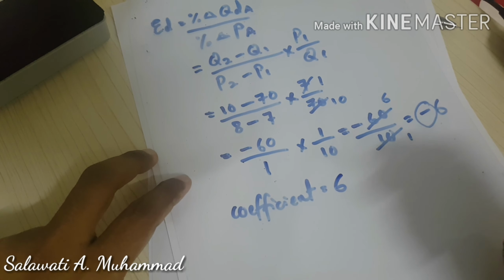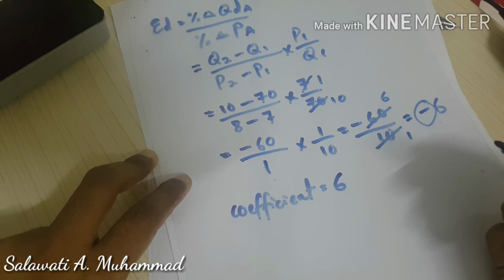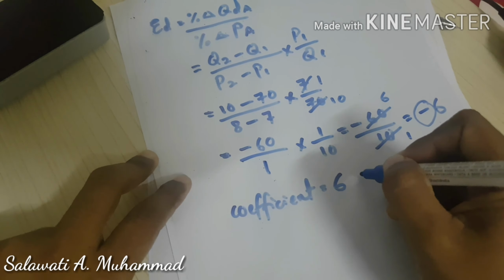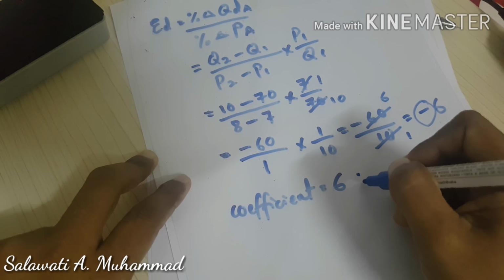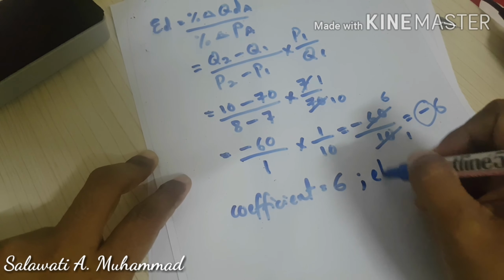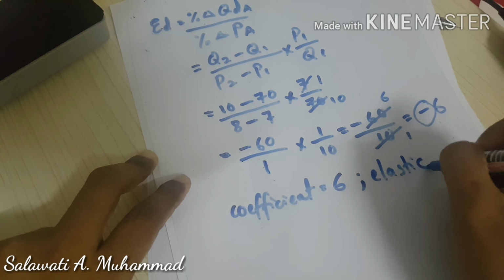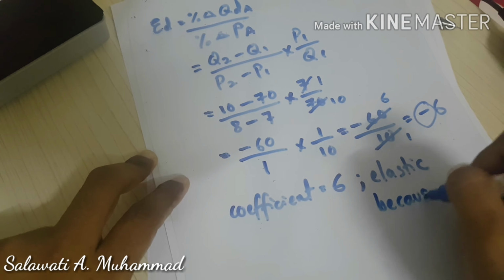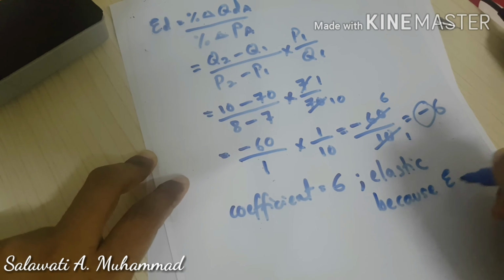So referring to the degree of price elasticity of demand, 6 means the demand curve is elastic. Why is it elastic? Because price elasticity of demand is more than 1.